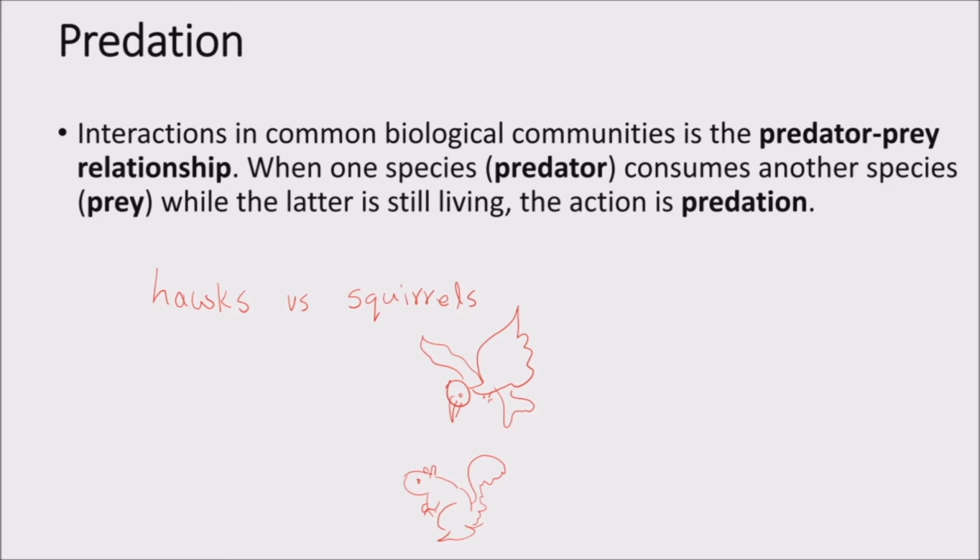The concept behind this is pretty important for you to know. If you have more squirrels, that means the hogs have enough food, so they don't have to fly far away. They know where the squirrels are, so whenever they're hungry, they can come and eat them.